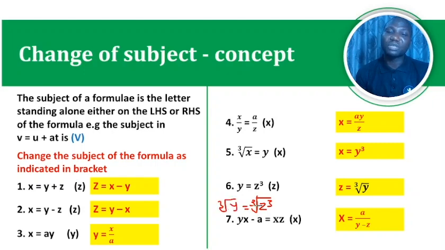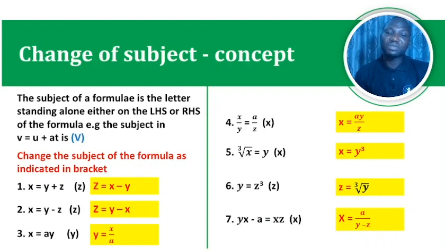Remember, you must do that to both sides so that your equation can remain balanced. Anything you do to one side of an equation, you must do the same to the opposite side. So the cube root will cancel the cube, and we're going to have z is equal to cube root of y. So z is our subject, now standing alone on the right.